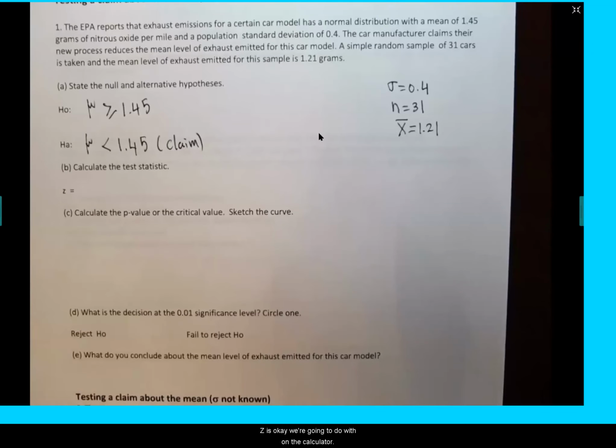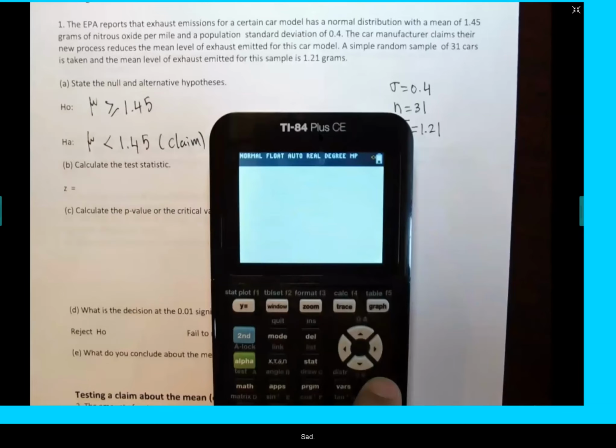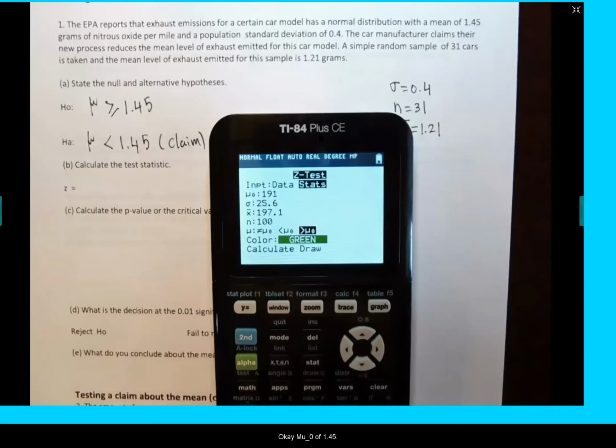So Z is, okay, we're going to do it on the calculator. Watch. Clear. Set. No more Z test after this, guys. Data, stats. Okay, mu 0, 1.45.